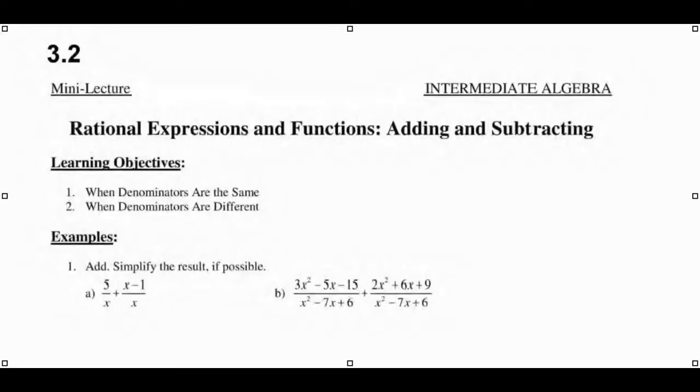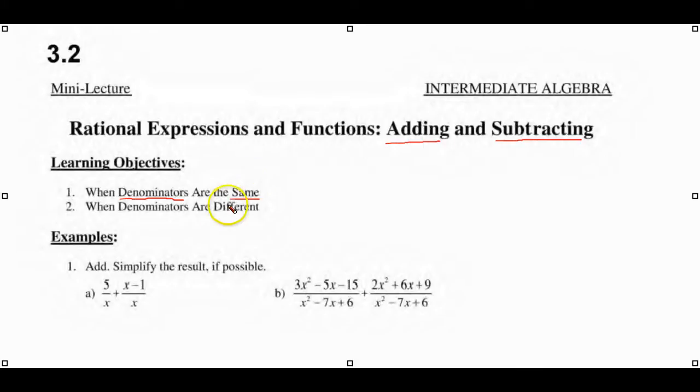Now, as we move into topic 2 of chapter 3, we're going to be dealing with adding and subtracting these rational expressions. Now, the key is when the denominators are the same, then you just add your numerator and simplify.